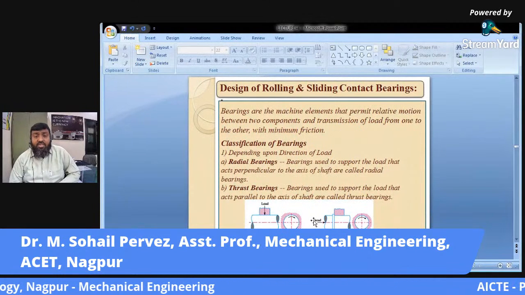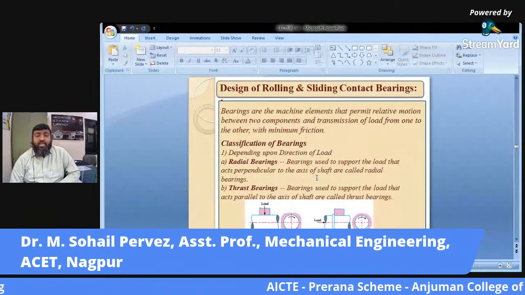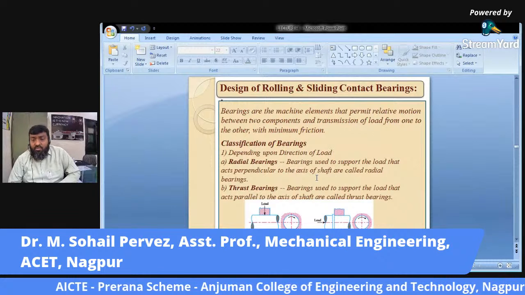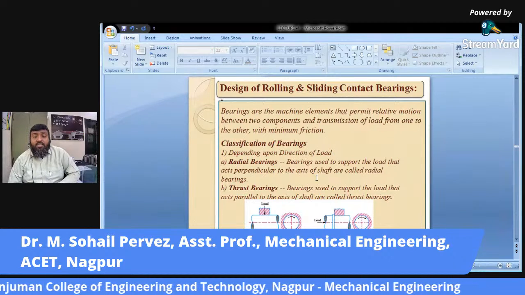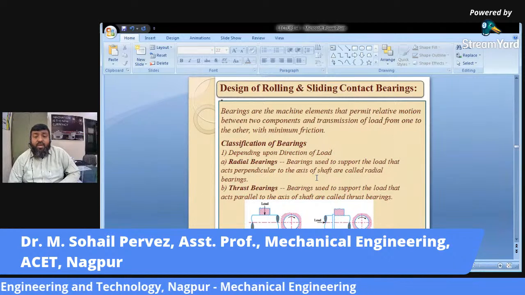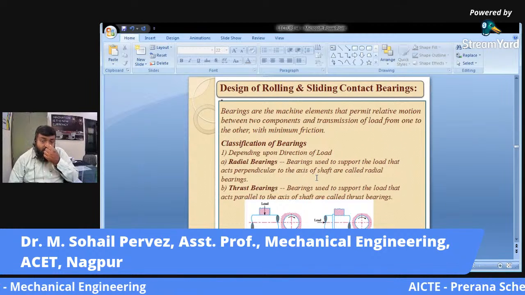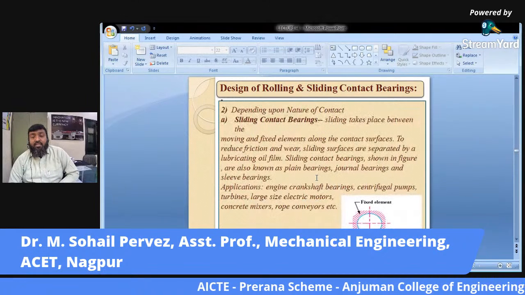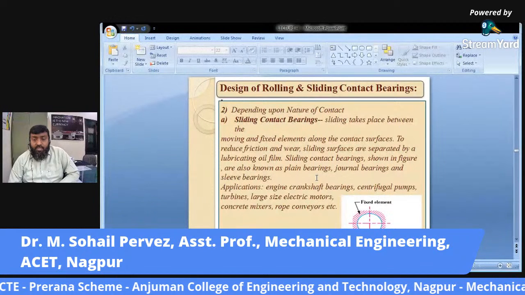So the classification of bearing, depending upon the direction of load: radial bearings, that is obviously the direction of load. So the diagrams are self-explanatory. Thrust bearings support the load that acts parallel to the axis of the shaft. So these are the two types based on direction of loading. Now, depending upon nature of contact, just now I have discussed sliding contact bearing, for example the engine crankshaft.